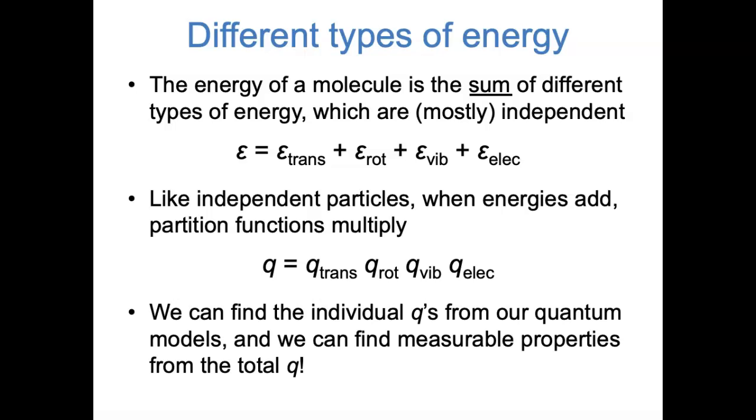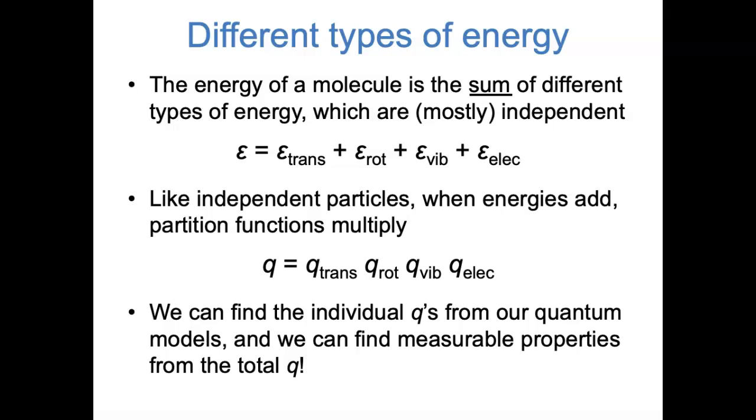From those ideas, we can kind of see where things are headed. We can find the individual partition functions, the translational, rotational, vibrational, and electronic partition functions, from our quantum models. We then know that the product of those partition functions is the total partition function of an atom or molecule.